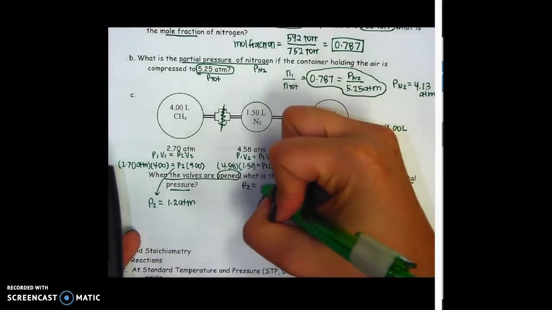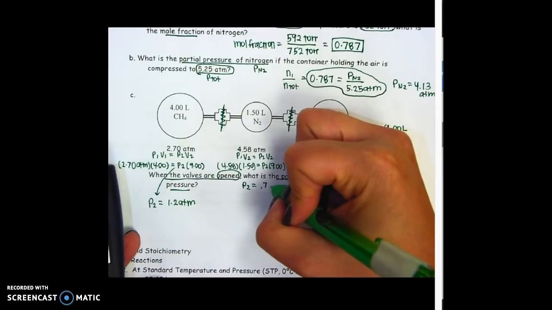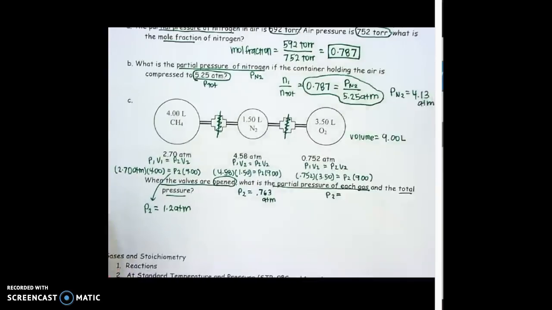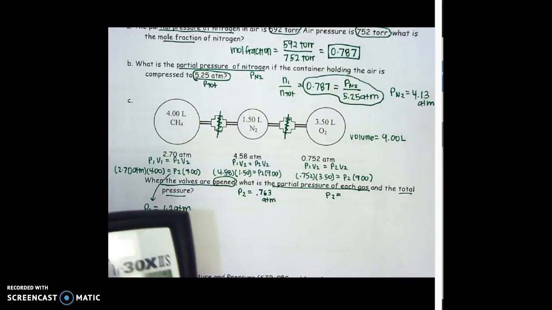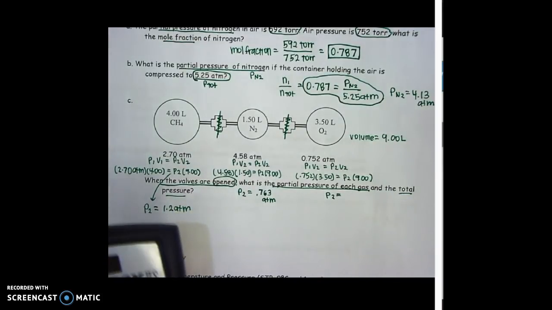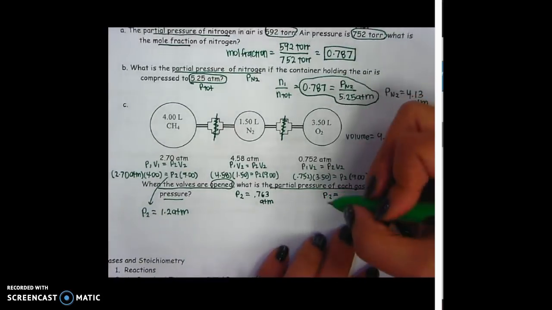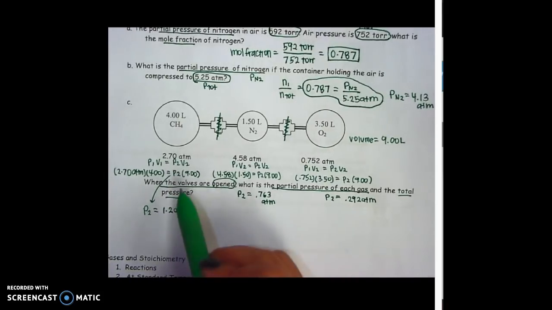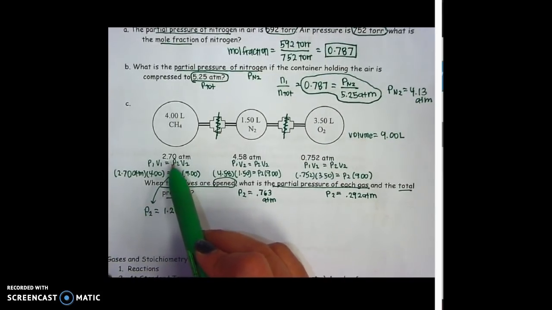And then for the P2, I got 0.763 atm. Again, the pressure dropped from 4.58. Same thing over here, 0.752 times 3.5 divided by 9. And then for the P2 here, we're going to end up with 0.292 atm.